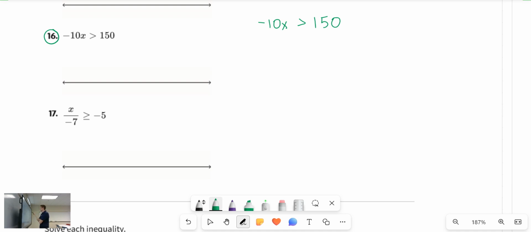If we want to get this x by itself, we're going to have to divide both sides by negative 10.